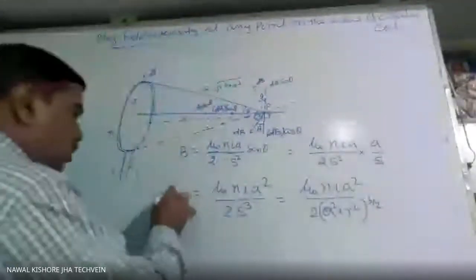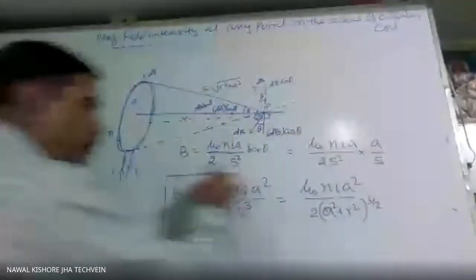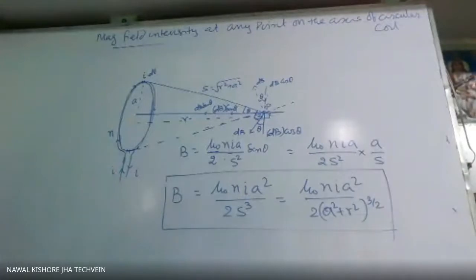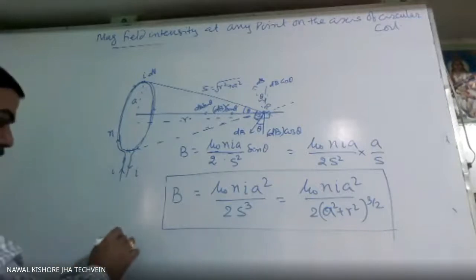So this is the general formula for magnetic field due to a coil. We can use this to find the field at the center also. So what will be the magnetic field at the center? r equal to 0.